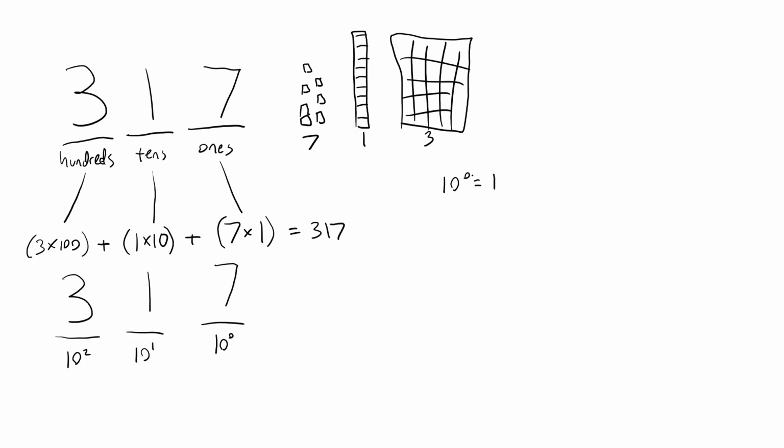Why that is 1 instead of 0 is, again, a topic for another video, but think of the exponent as the number of times a number is multiplied by itself. So 10 to the 1 is just 10. 10 squared is 10 times 10, which equals 100. 10 cubed is 10 times 10 times 10, which equals 1,000, and so on.